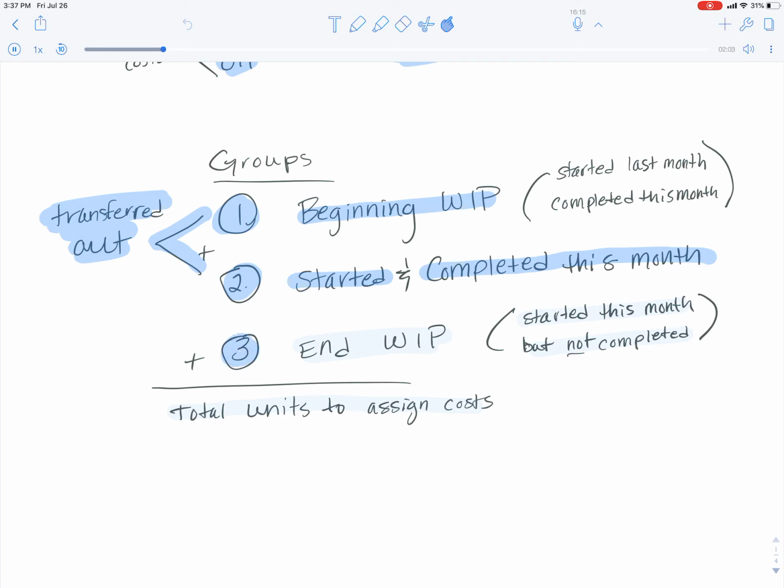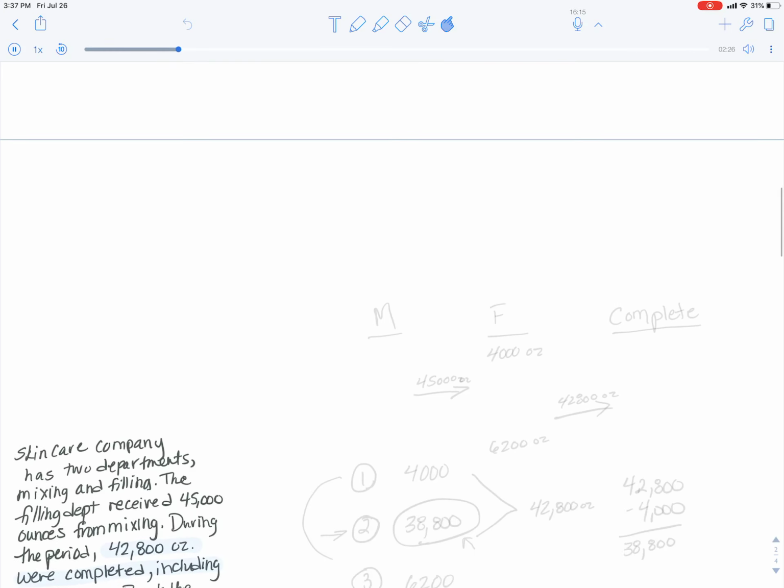And then group 3 is our ending work in process. So we did start it this month, but we did not complete it. So next month it's going to be beginning work in process. This month it ends up in ending work in process. And then this is how we come up with our units that we need to assign costs to. So let's do a really long example.